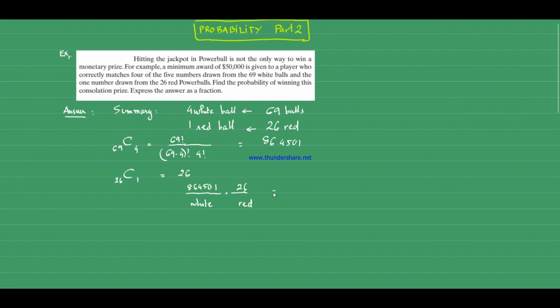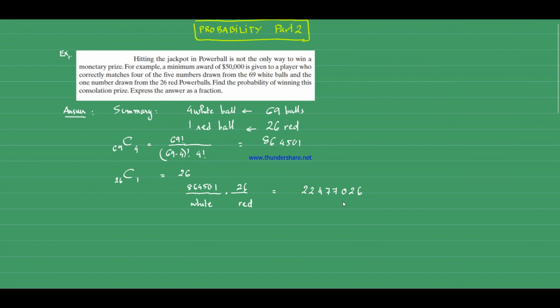If you go ahead and multiply them up, you're going to end up with 22,477,026 options to pick 5 balls like that.